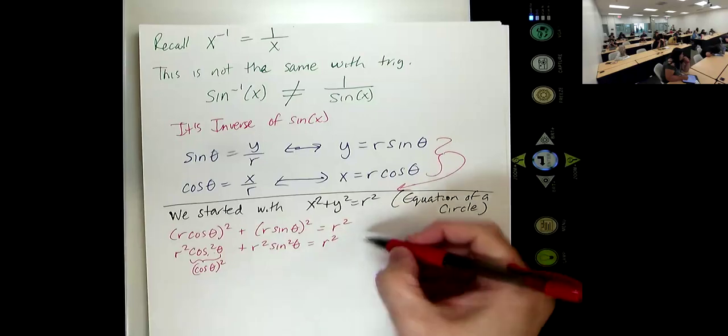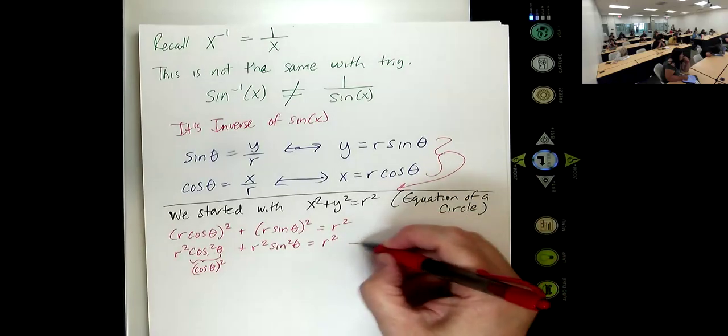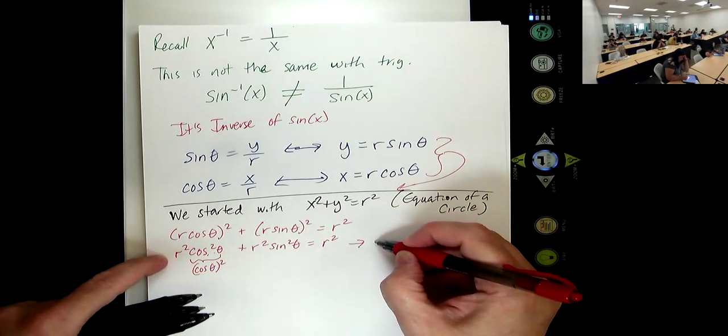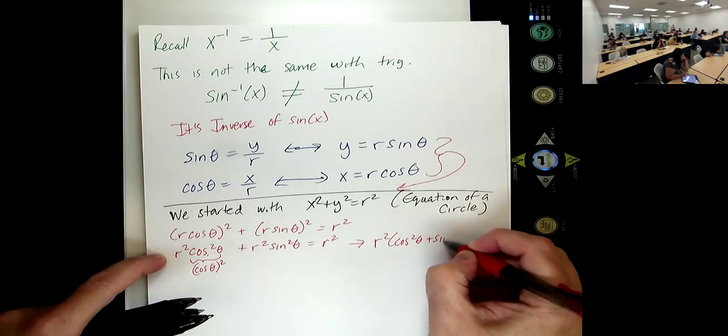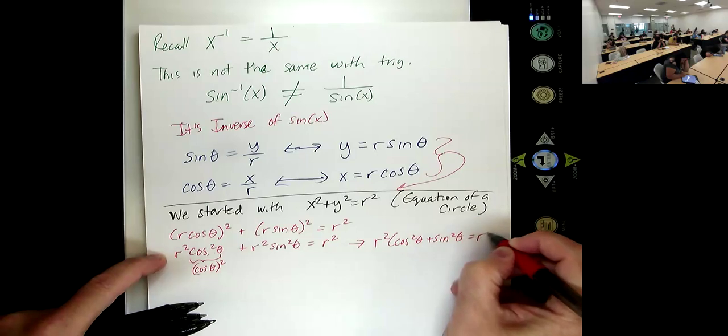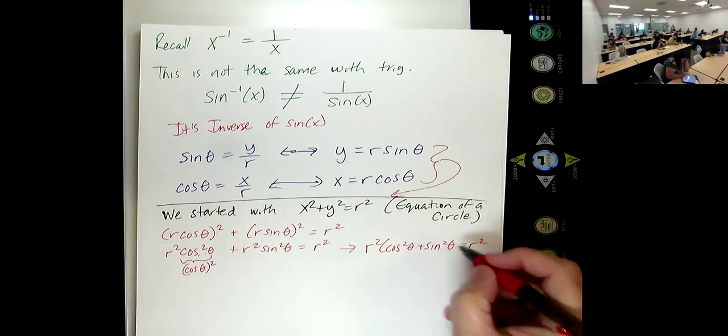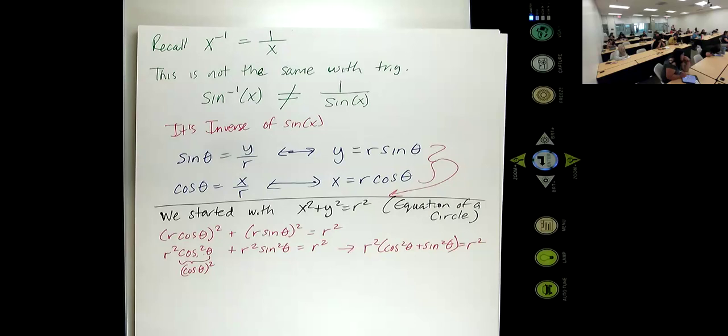But here I can factor out an r squared of both terms. And r can't equal 0, right?